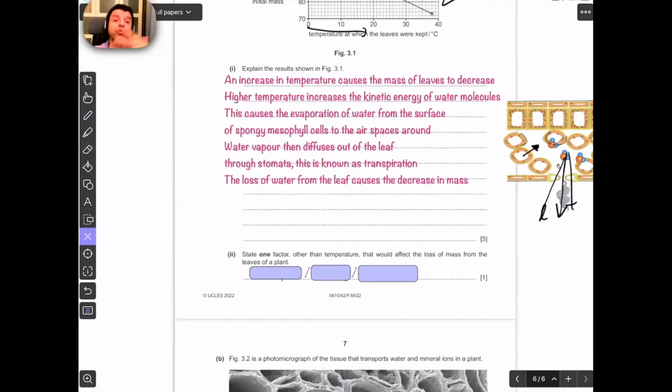They wanted you to state just one extra factor that would also influence the rate of transpiration. Note that CO2 has nothing to do with transpiration, right? That's photosynthesis, okay? So what would it be? We can't say temperature anymore, so it's going to be either humidity, wind, or light, okay?